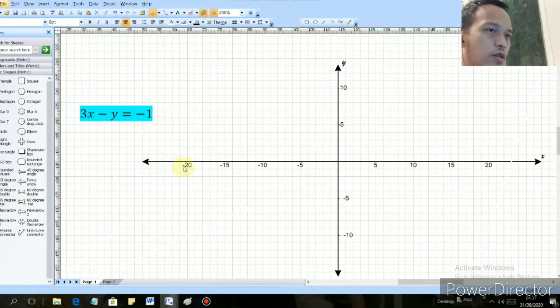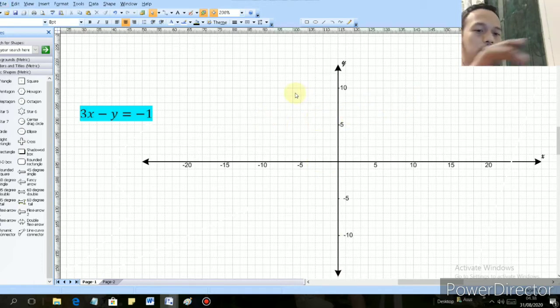This number line belongs to x, and this number line belongs to y. For the number line of x, you need to be consistent from right to left with the scale you use. And for the number line of y, you need to be consistent from top to bottom. That is the rule of the Cartesian plane.